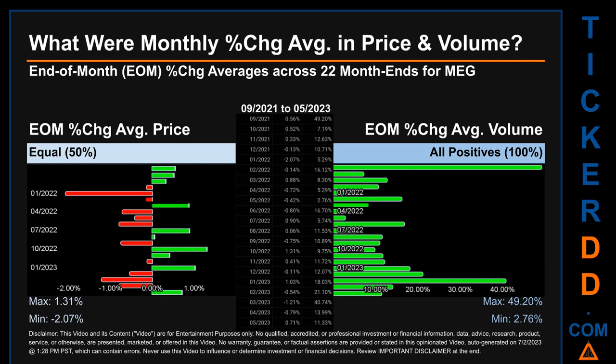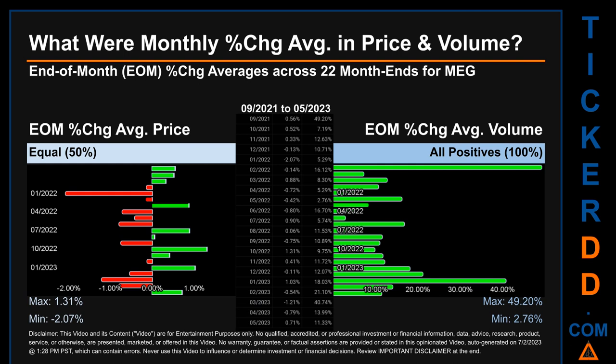What were end-of-month percentage change averages in price and volume for MEG? The monthly average of percentage change in price and in volume were calculated for each of the 22-month ends. That calculation took daily percentage changes and averaged them for each given month. If a month end came out negative, then it means that the month summarily saw a negative change.